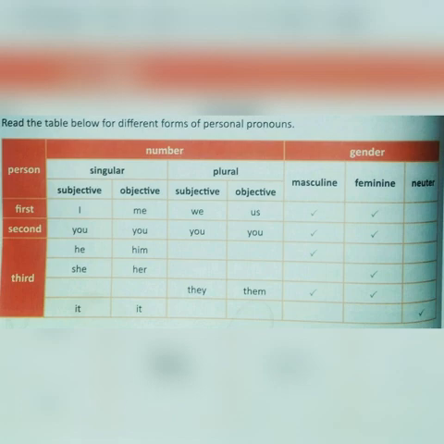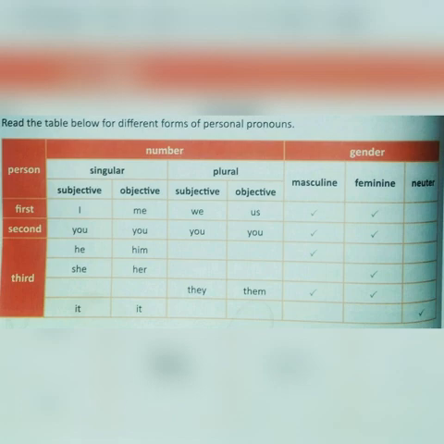Here is a table which shows the different forms of personal pronouns. Now you know about the first person, second person, and third person. First person is I, second person is you, and third person is when we are talking about he, she, they or it. Now in this table you can see the personal pronouns. For singular first person, in subjective we use I, and in objective we'll say me, and in plural sense, subjective we'll say we, and for objective we'll say us.